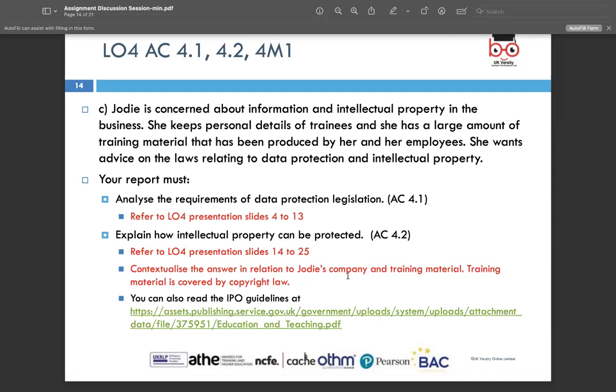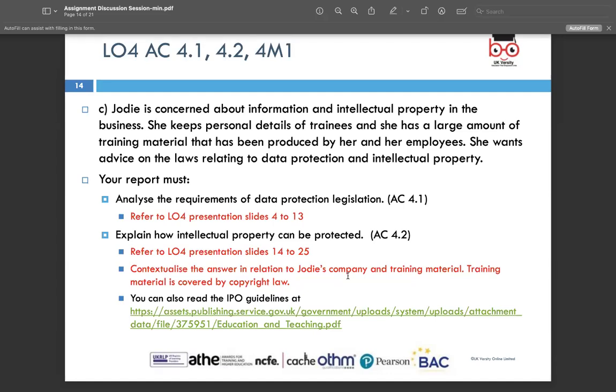So training material produced by Jody and her employees would be protected under copyright law. Trademark protects symbols, names, and slogans used to identify goods or services. So advise Jody on registering a trademark for her business name or logo.